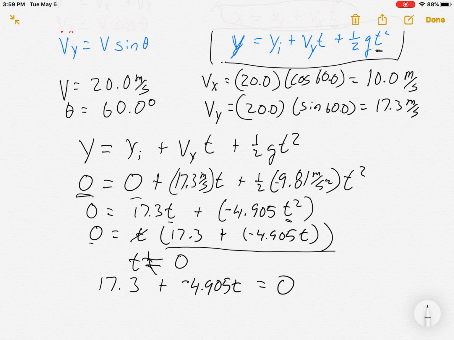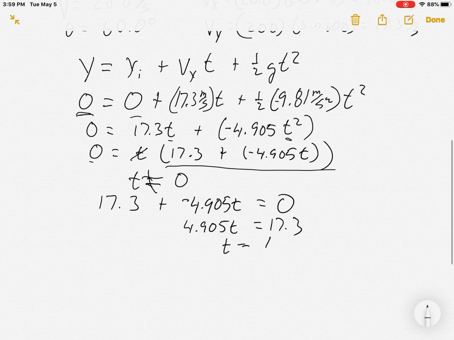Or if I rewrite it again, 4.905t is equal to 17.3. I just sort of take one to the other side. So that means t is equal to 17.3 divided by 4.905. Well, let's stop and think a little bit about where this came from.